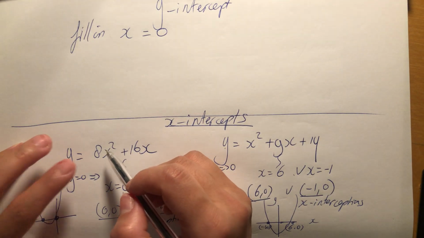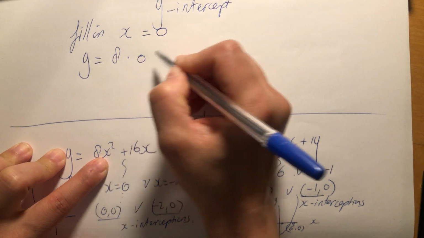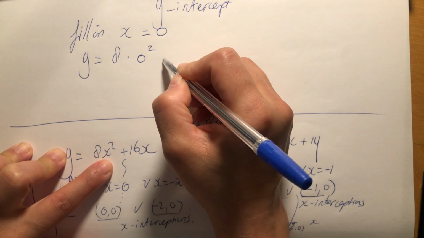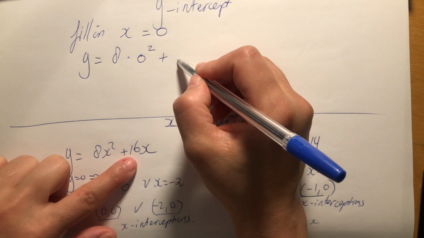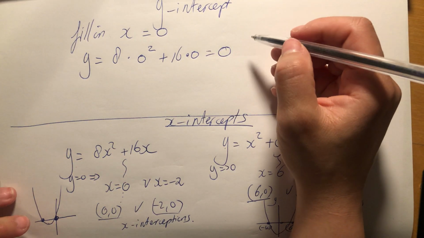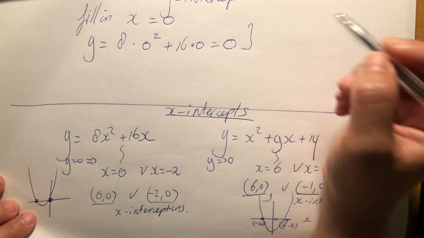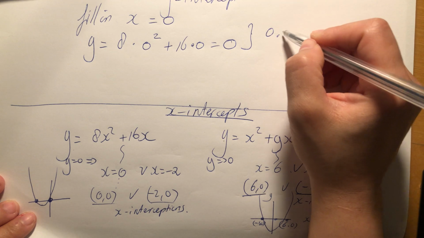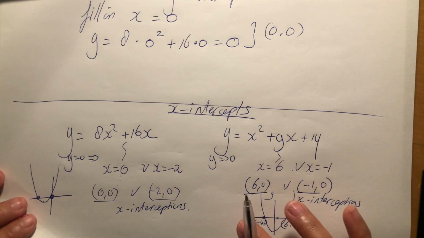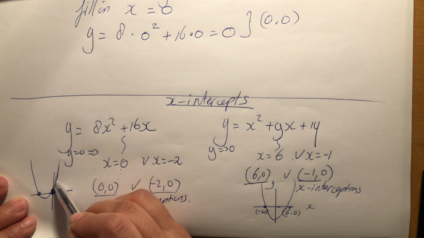So this one, we're going to fill it in. y will now become 1 times 0 squared plus 16 times 0. You calculate, you get 0. So the y-intercept of this one is going to be 0, 0.